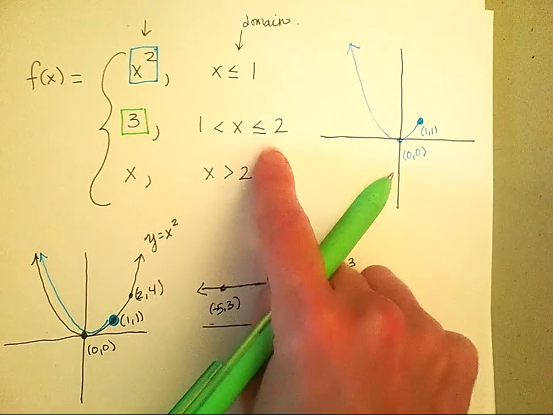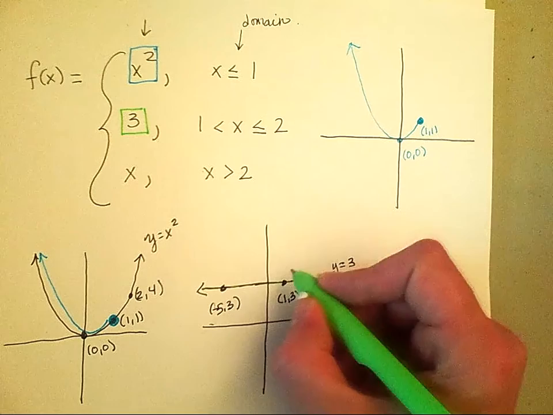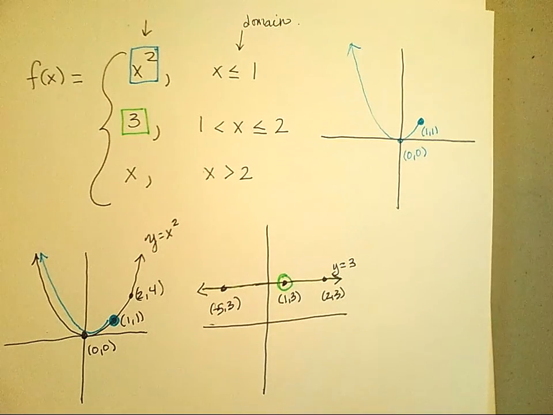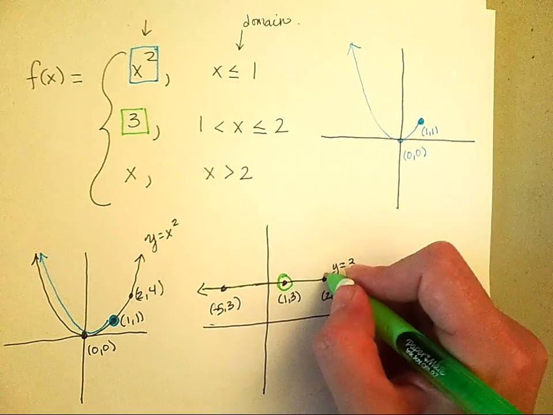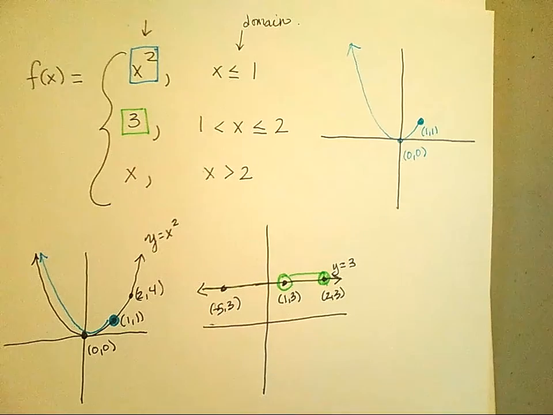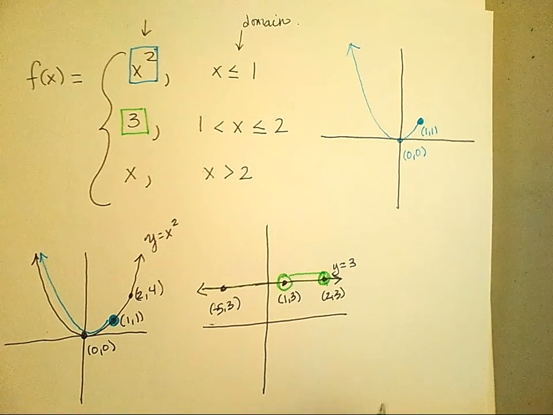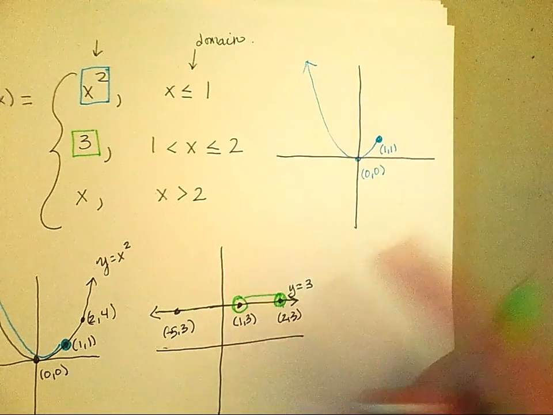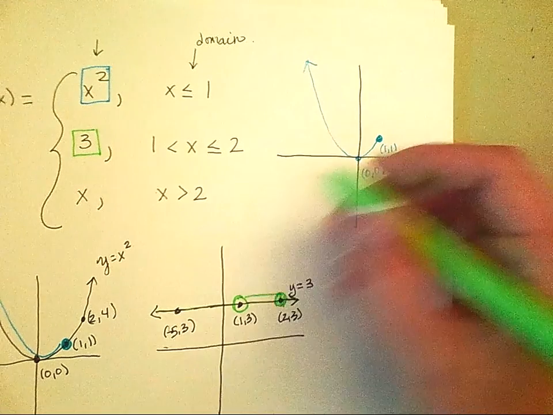But what we are looking for is the restricted domain. It's where x will start at 1, not included, so I'll put the open circle, and will go all the way up until 2, and will include it. So this green part is what I need to put on here.